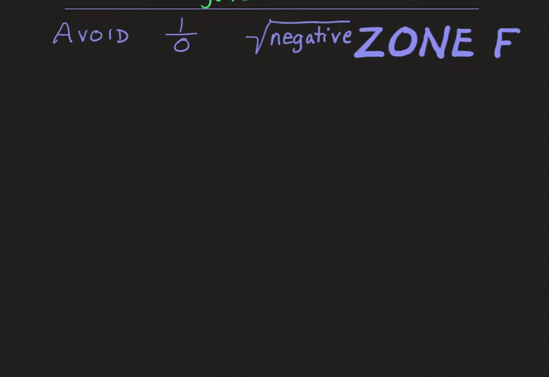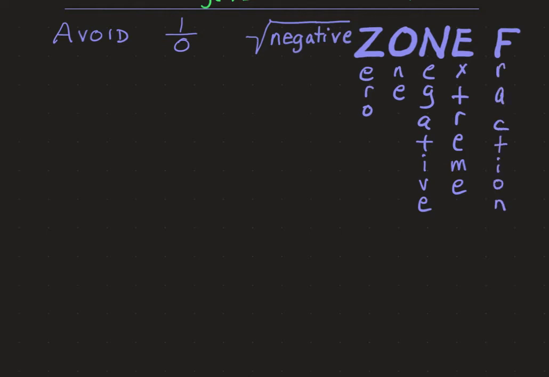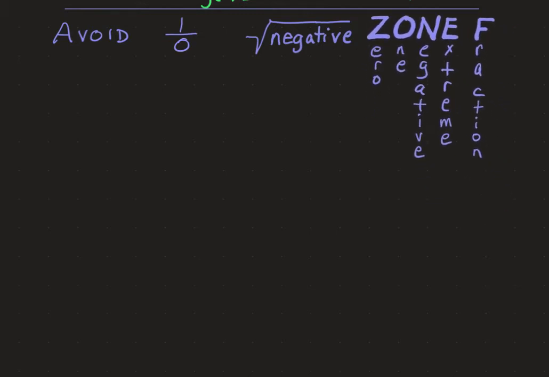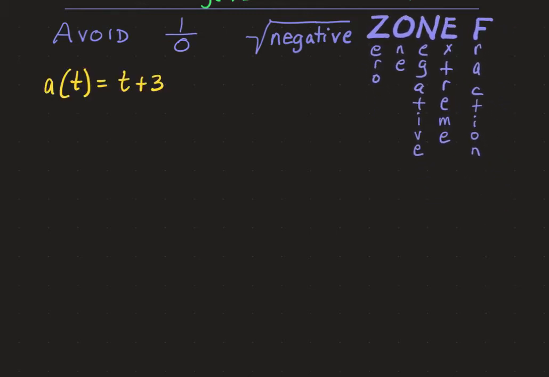And zone F numbers include 0, 1, a negative, and an extreme number. Try an extreme and try a fraction. So let's look at some examples of using these zone F numbers. I recommend you pause the video and try putting in a 0 for t, a 1, a negative, an extreme, a fraction.